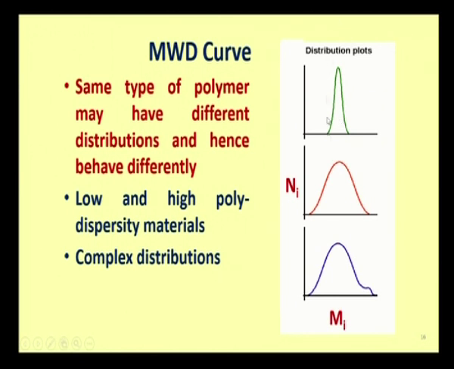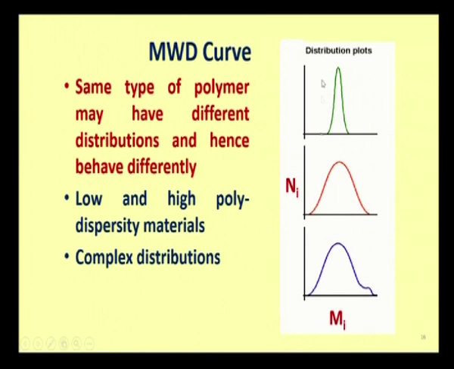If it approaches a single line, then you call it a monodispersed sample, but it is a narrower range. If you take this case, the x axis indicates the Ni or the number of polymer molecules in a sample, and Mi indicates the molecular weight of the corresponding number of polymer molecules in the polymer sample. If you try to plot this curve, this is a broader curve. There are possible complex curves which could be like this also.